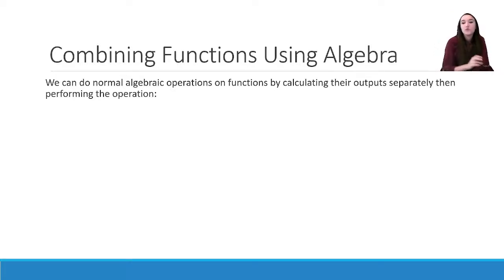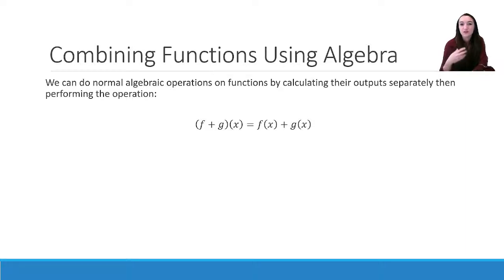So now we're going to move on to combining functions using algebra. And this domain stuff is going to come back in once we talk about this combining of functions. So we can do normal algebraic operations on functions by calculating their outputs separately, then performing the operation. Or we can also just write out the operation.